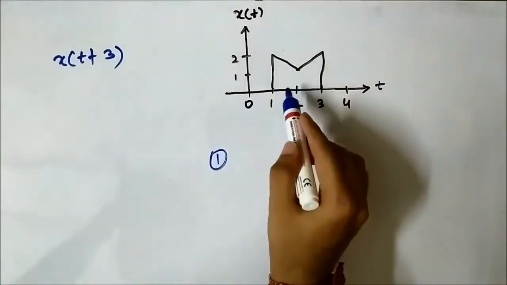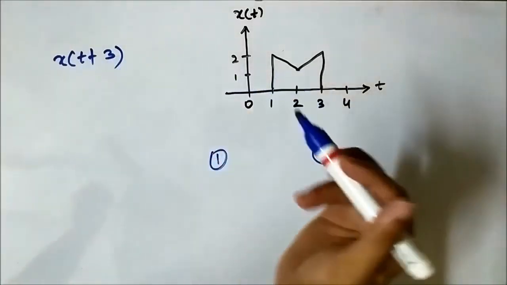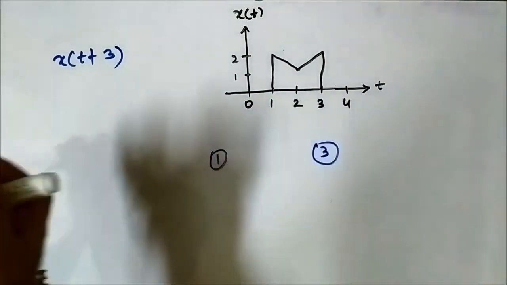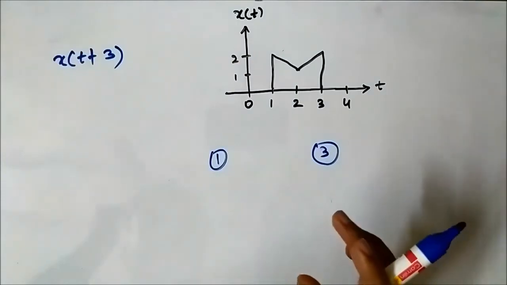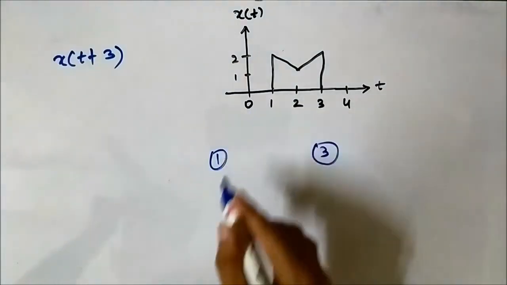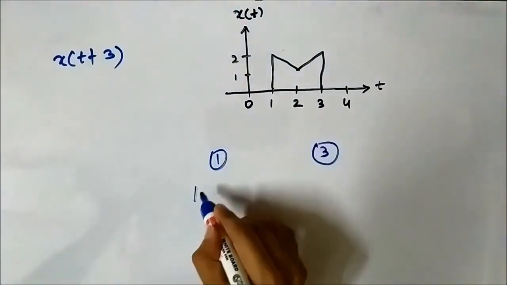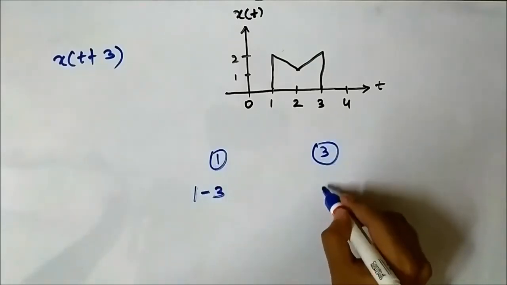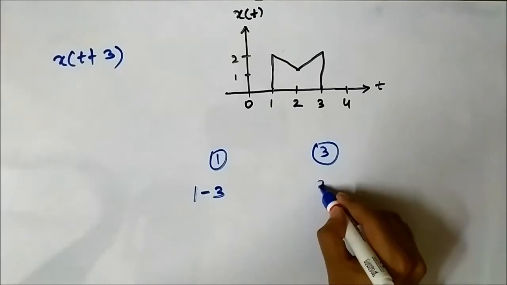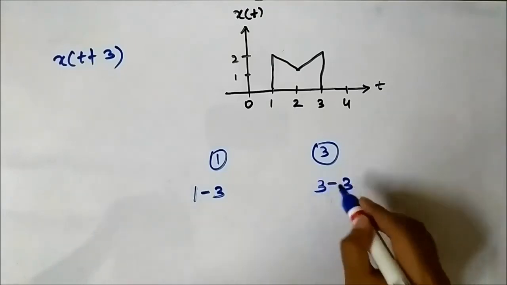Now as the signal x(t+3) will shift to the left by 3 units, we subtract 3 from 1 and 3 from 3.